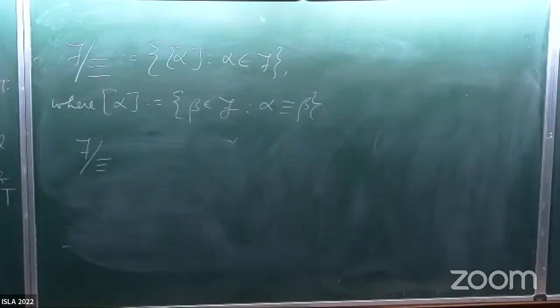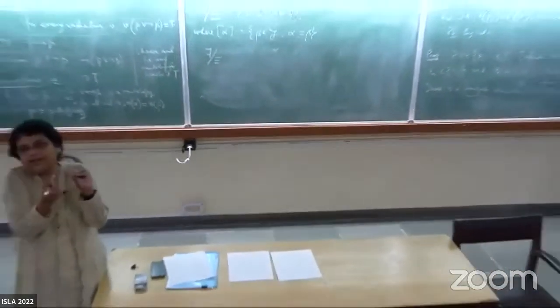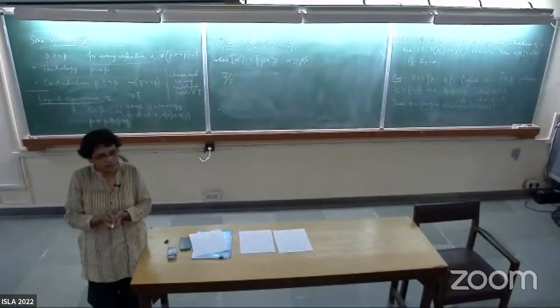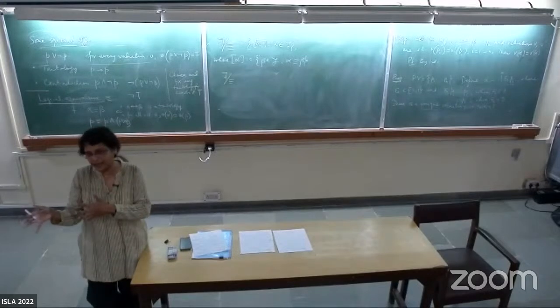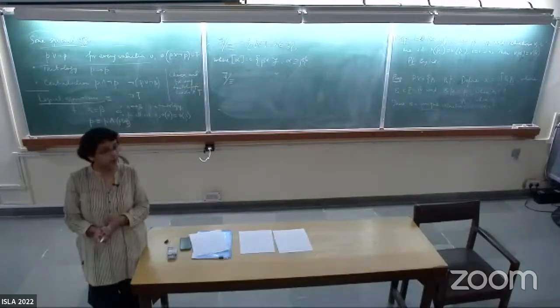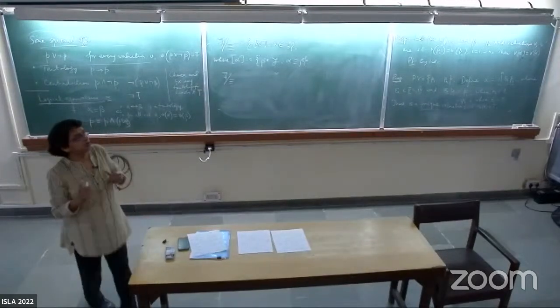So the quotient set, in the worst possible scenario, where every class is inhabited by a single formula, would still have to be countable. In fact, that's a general result. If you start with any countable alphabet, the set of all strings over it would necessarily be countable.